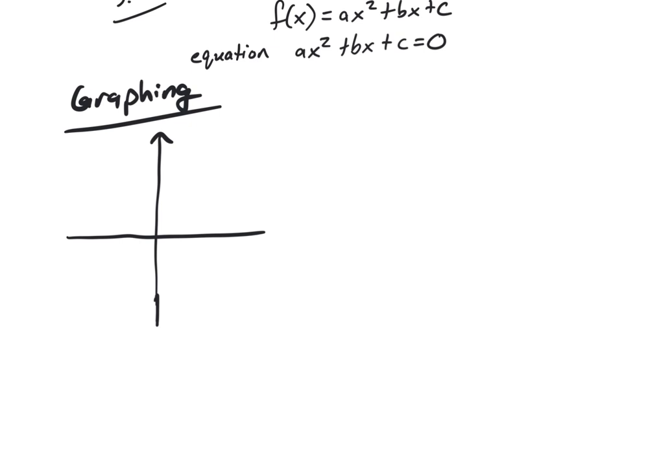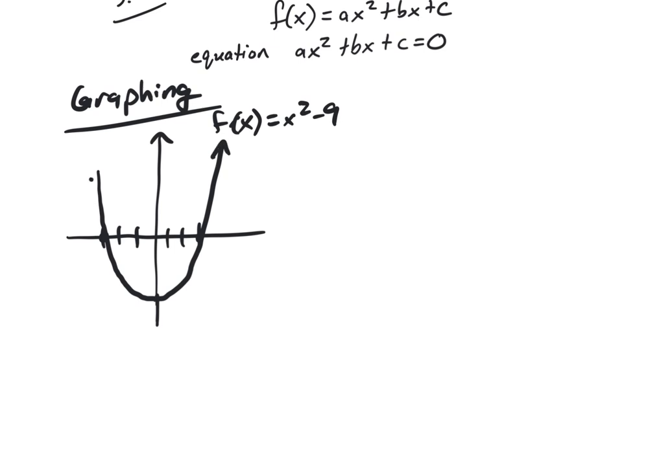If I said f of x equals x squared minus 9, and we were to put that one into our calculator, it would look something like that. Okay. So it's a parabola that comes down, it crosses the x-axis in two different places. And so in this one, we would say x equals plus or minus 3. So I could end up with two solutions in some cases.